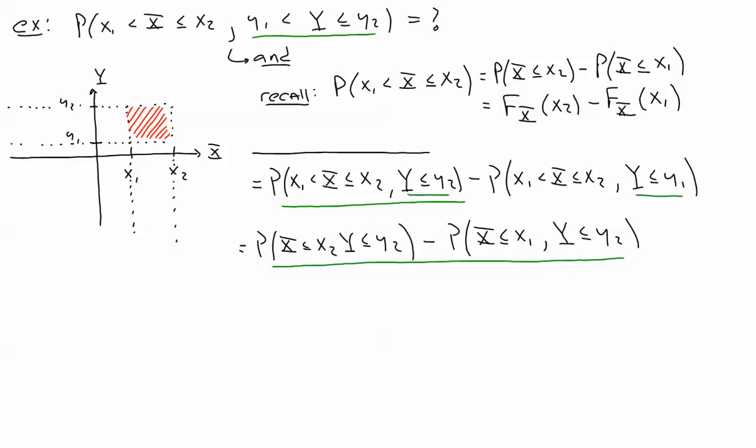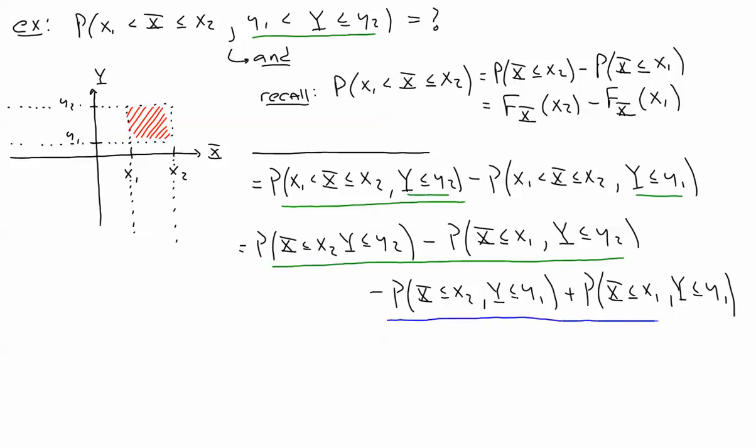And continuing on, we get, okay. So these two probabilities here give rise to this probability there. All right.